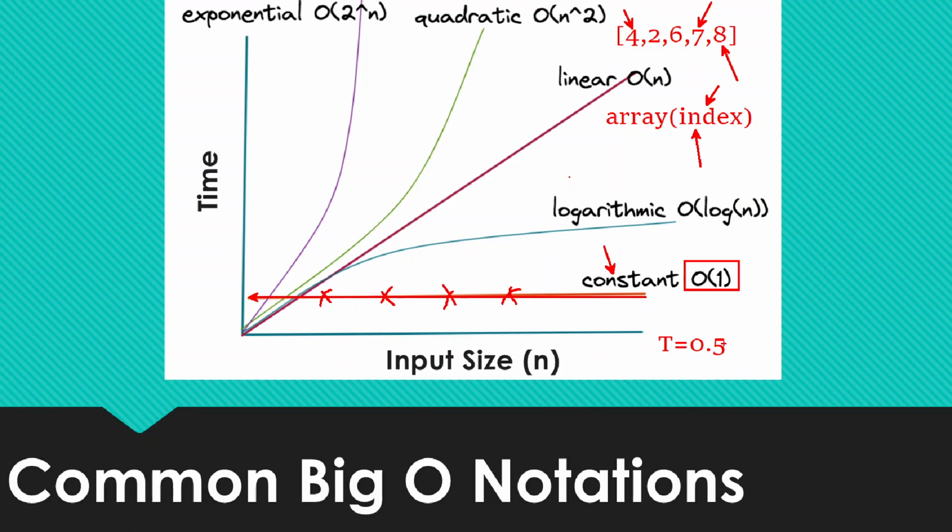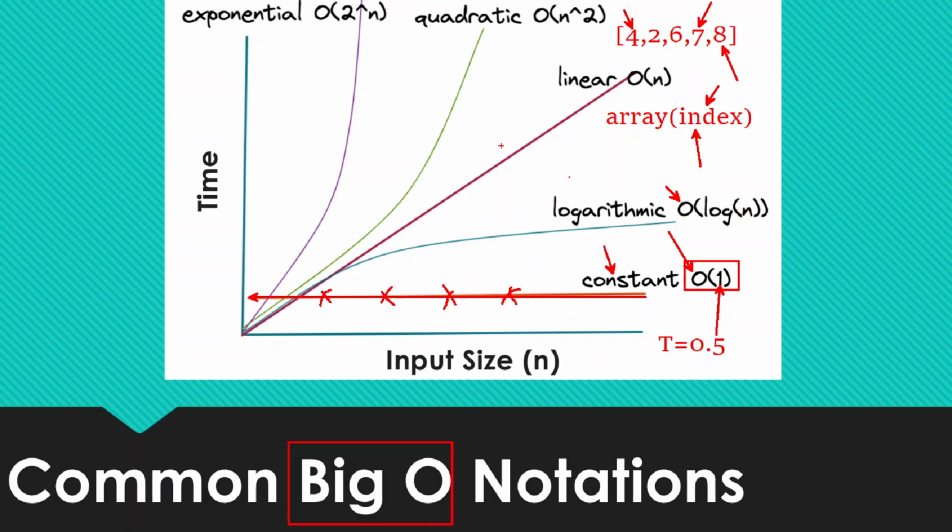So on average, let's say it's 0.5. Now, this constant time is normally rounded up to a 1. That's why we have O of 1. O of 1 is called big O of 1, that constant time. That's why it's called big O notation. It's normally big O of 1 or big O of log n, etc.